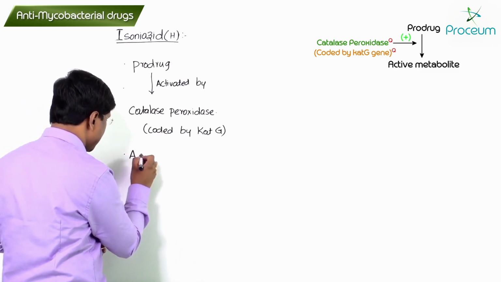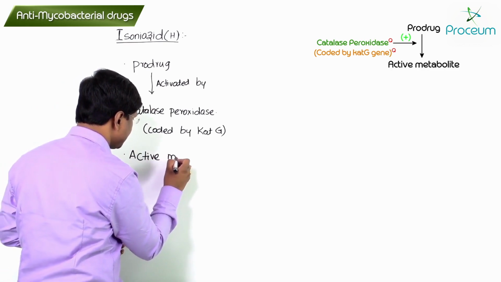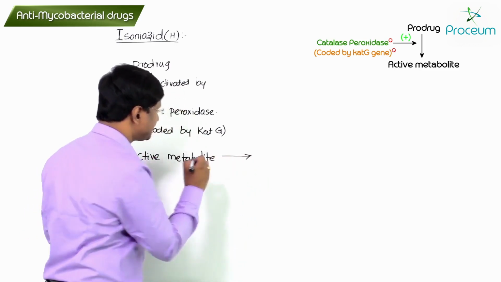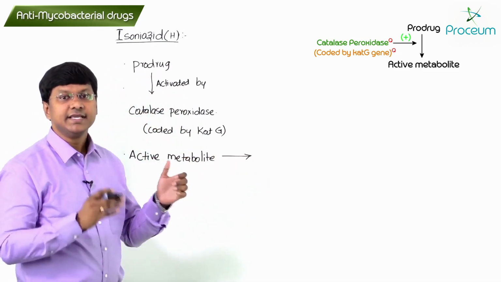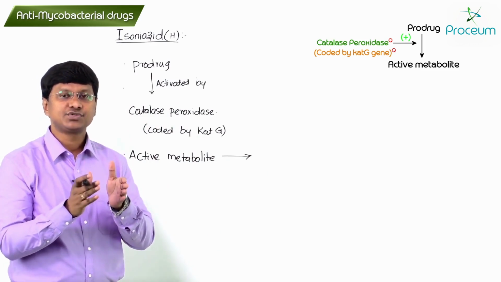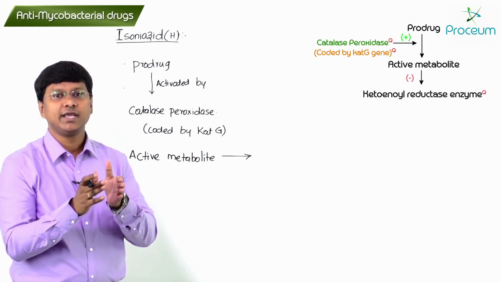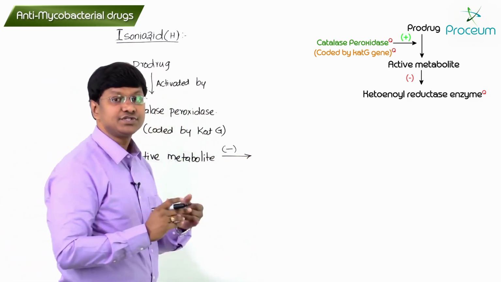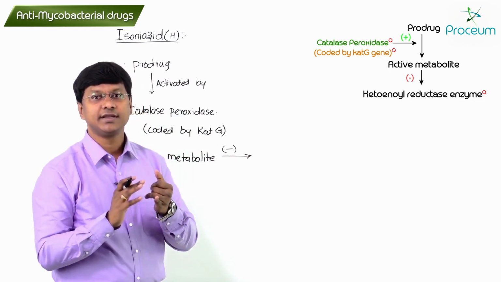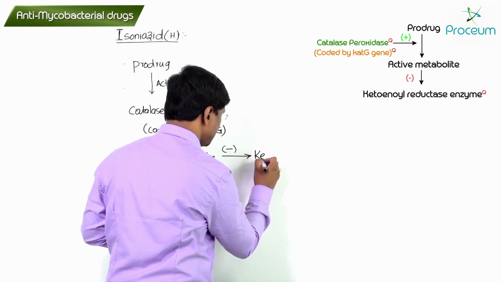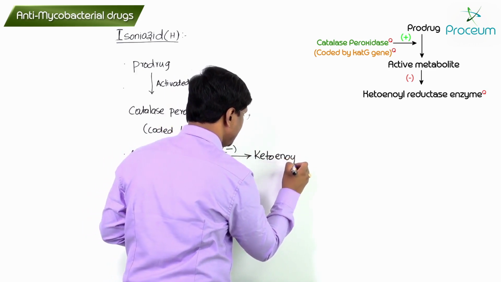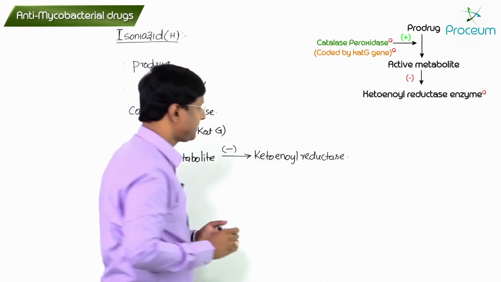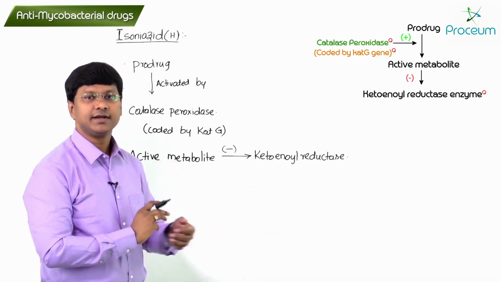Remember, this active metabolite of isoniazid inhibits an enzyme which is called enoyl reductase enzyme.